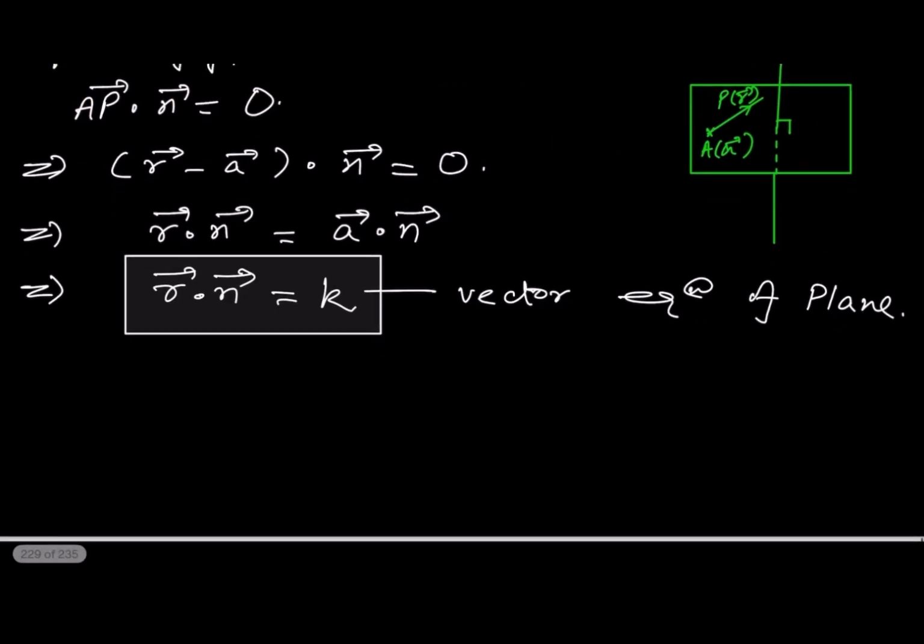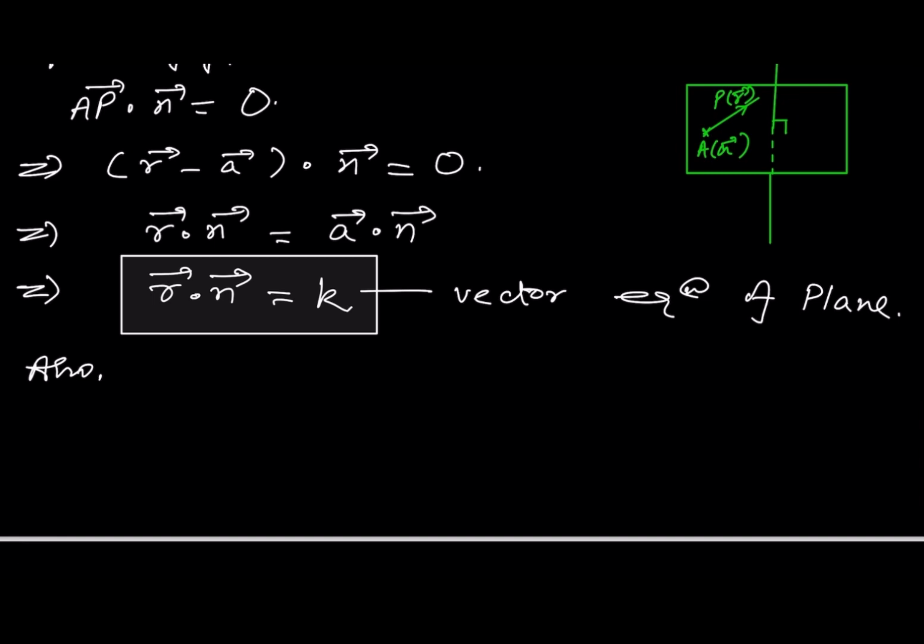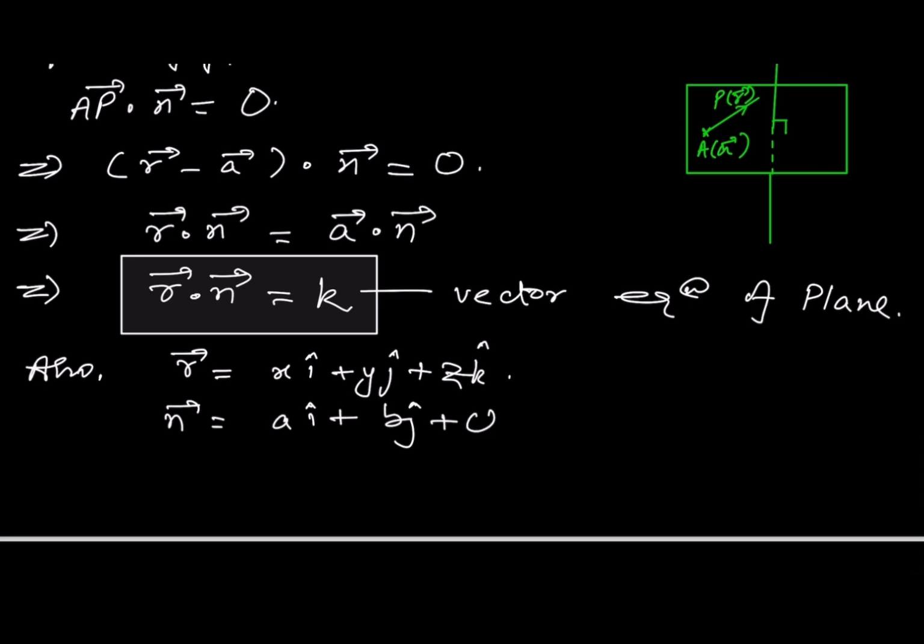Now if I am interested in finding the equation in Cartesian form, then we can write r vector as x i cap plus y j cap plus z k cap, right? And n vector is equal to a i cap plus b j cap plus c k cap.